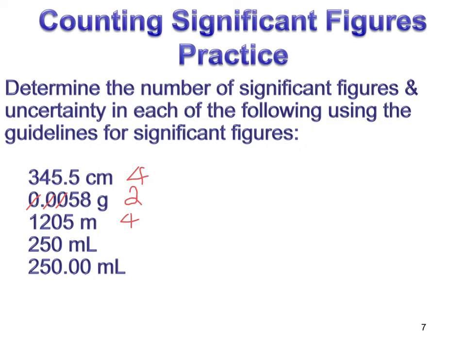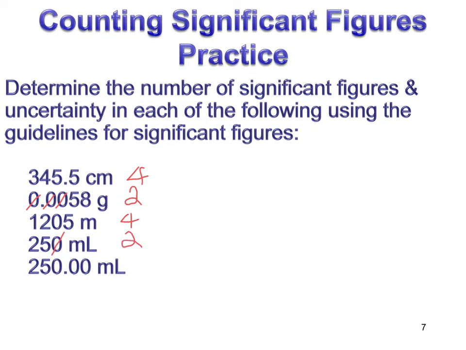In the fourth example, 250, since there is no decimal, this last 0 does not count as a significant figure. So only the 2 and the 5 count as significant figures, so there are only 2.